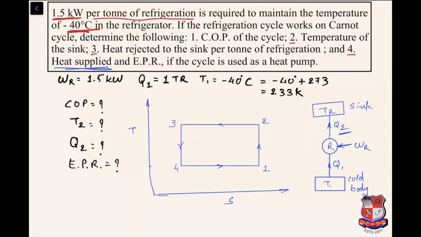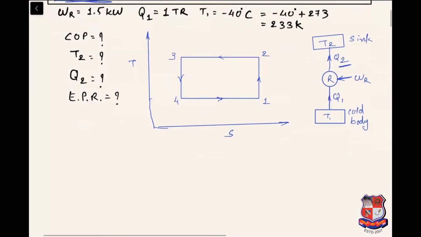So now first we need to find out the COP of the refrigerant. The COP of the refrigerant will be Q1 by WR, that is 210 divided by 90.